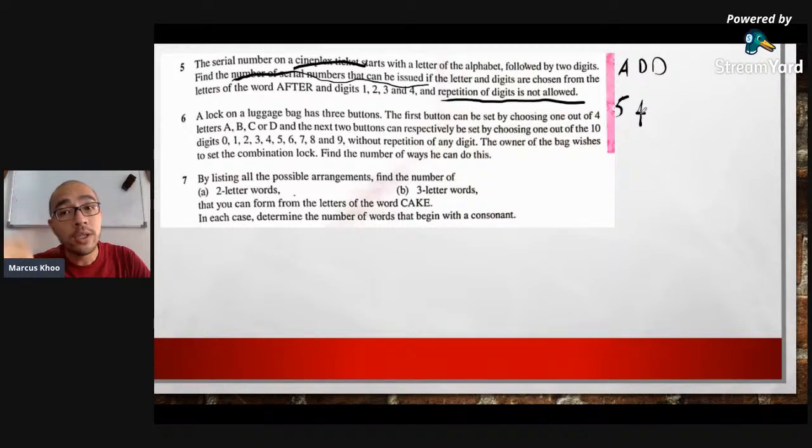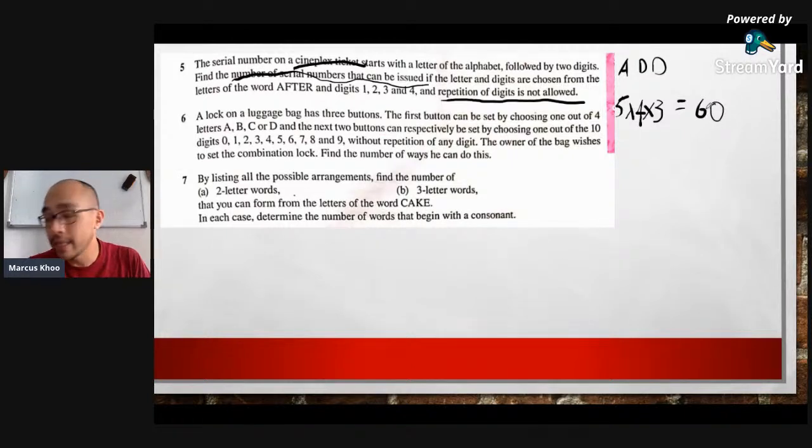Once you have chosen the first digit, then you want to choose the second digit. But remember, you cannot repeat the number. So kalau satu nombor sudah kena pilih, let's say saya sudah pilih nombor 1, tinggal berapa nombor lagi? Tinggal 3 nombor. So it will be 3 ways to choose the second digit. And so how many serial numbers can we get? It will be 5 times 4 times 3, which will give you 60 different serial numbers.